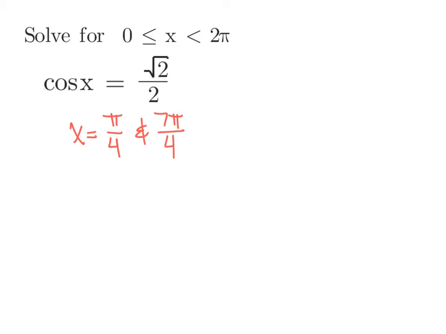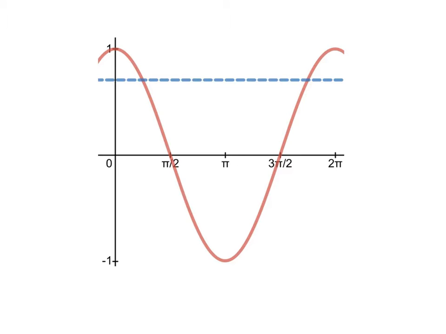Now, I want to also look at this in terms of its graph. We can solve that trig equation in a graphical way because the red curve that I have here is y equals the cosine of x, and the line that I have in blue is the line y equals square root of 2 over 2.